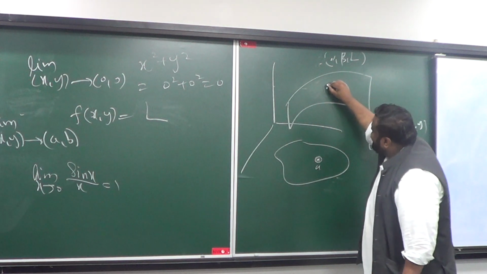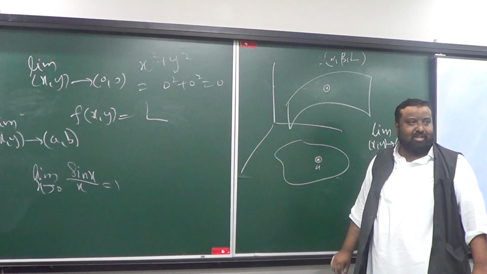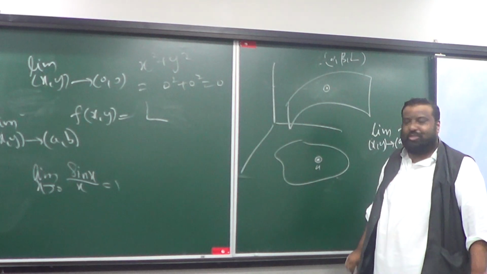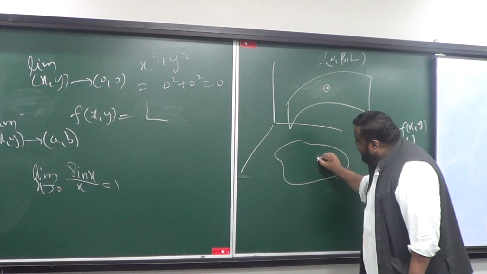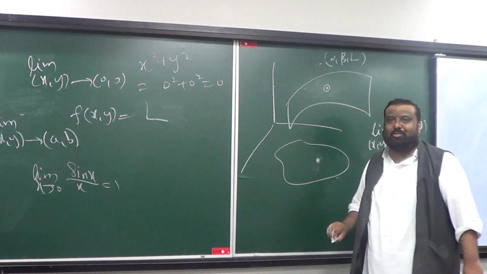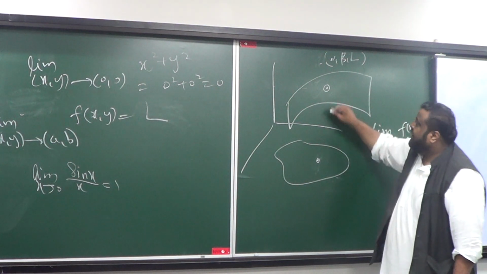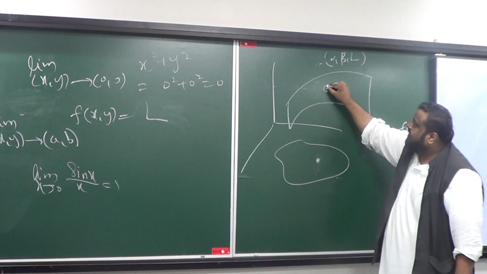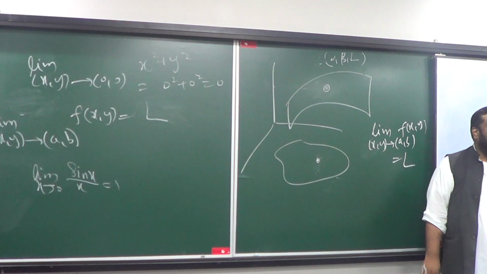I can get really closer to this point, and corresponding to it, can I find really close points to this point in such a way that if I consider the outputs of this set, it stays within this range? ठीक है? समझ आ रही है बात?